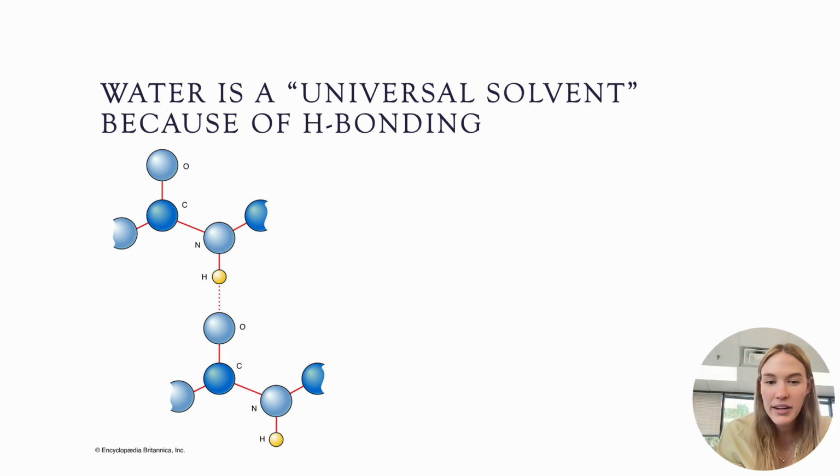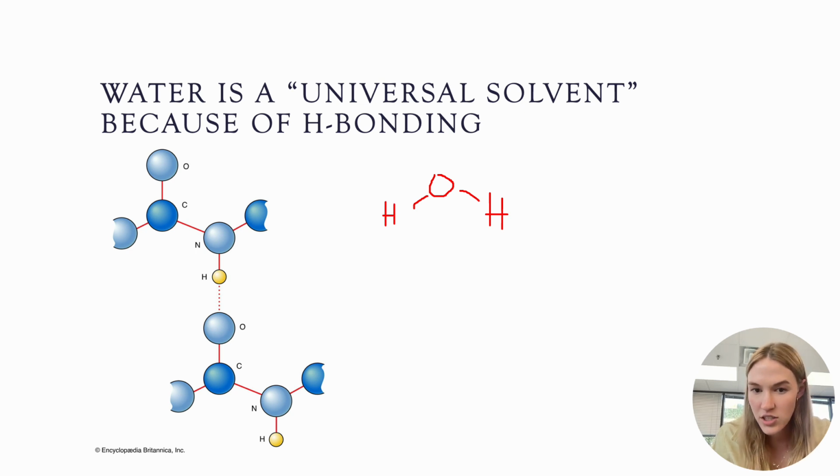So when we talk about hydrogen bonding, this is a specific bond that is not a bond at all. If I look at 2 water molecules like this, where I have an oxygen bonded to 2 hydrogens, recall that oxygen is electronegative, so it holds onto the electrons a little bit better, so it has a partial negative charge, and my hydrogen has a partial positive.